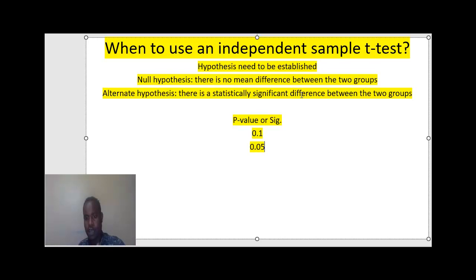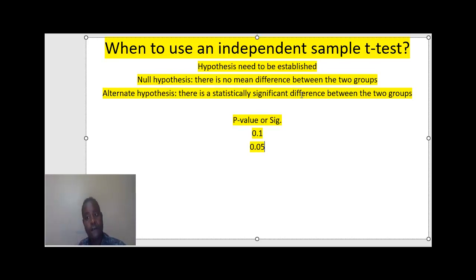Okay, in this case, if the p-value is less than or equal to 0.1 in case of 10% margin of error, or less than or equal to 0.05 in case of 5% margin of error, then we could say null hypothesis is rejected and alternative hypothesis is accepted instead.